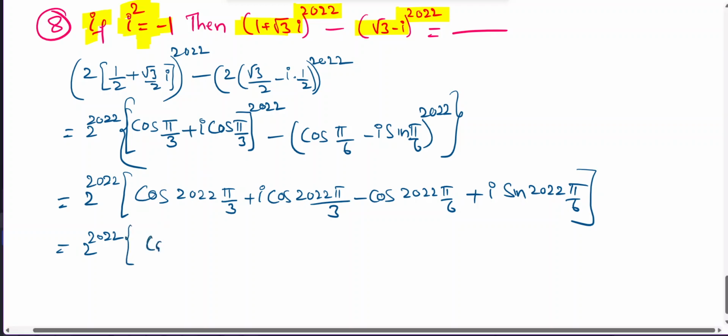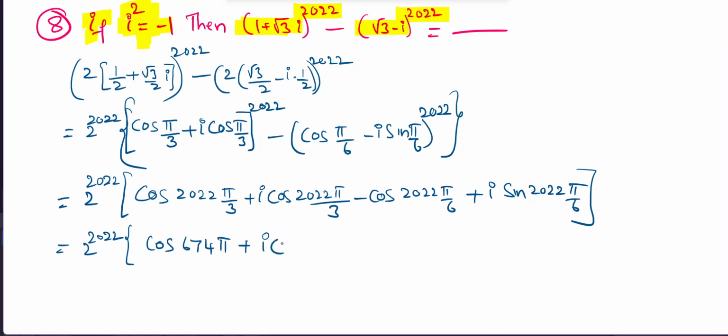This is cos 674 pi plus i sin 674 pi, minus cos 2022 into pi by 6.